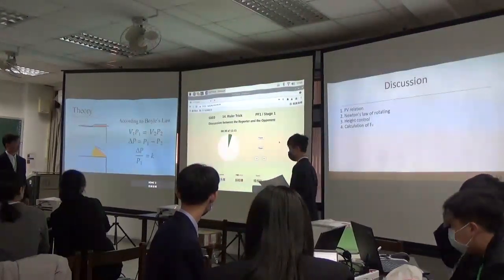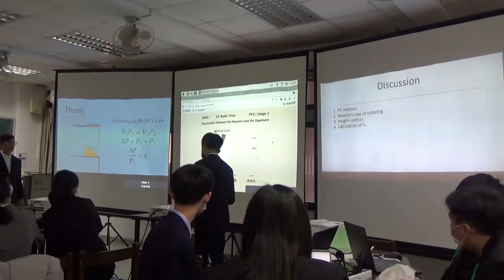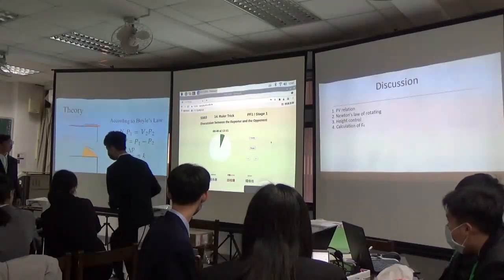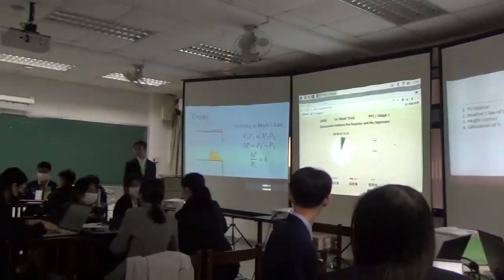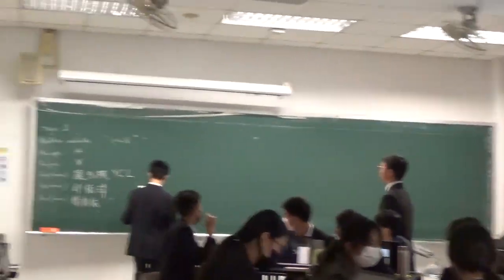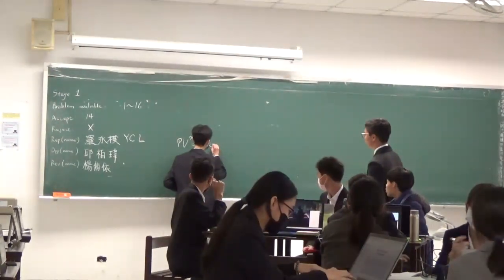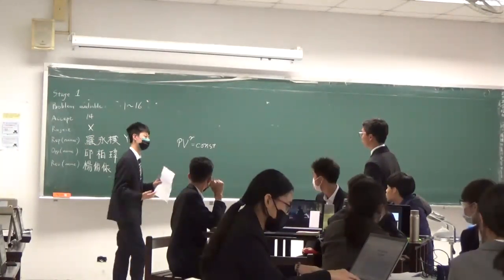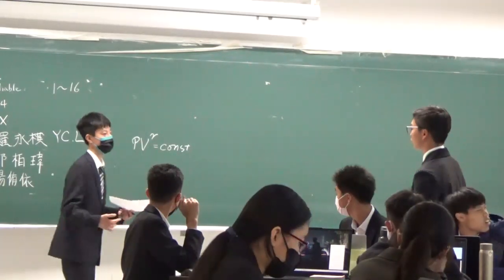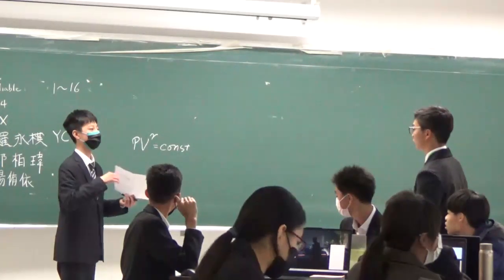Okay, then why did you use PV is a constant, not PV to the power of gamma is a constant? Do you agree that the time of the phenomenon is very short, right?